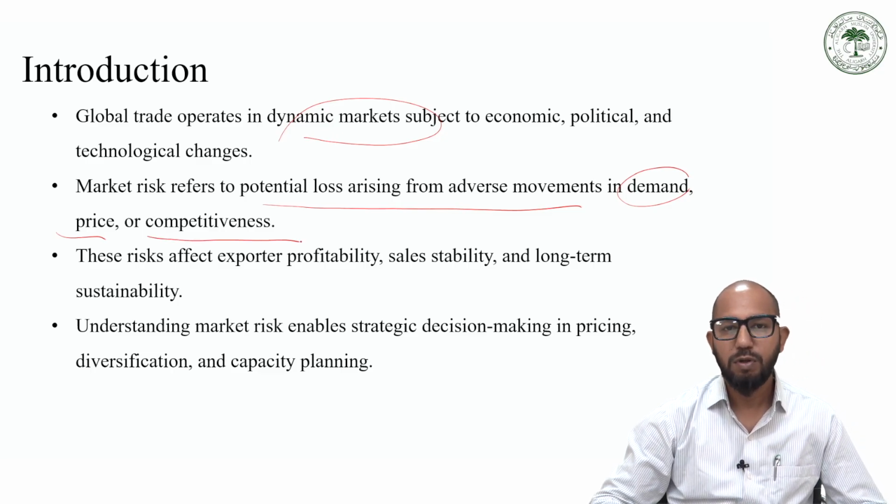We all know that demand of goods, prices of goods and the competitiveness of markets are important indicators for businesses across borders. Thus, any risk which arises because of changes in these three parameters is known as market risk.